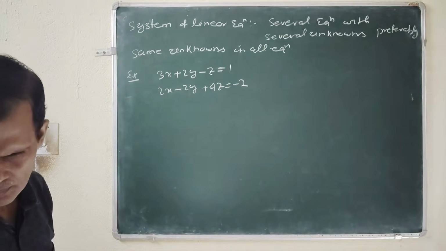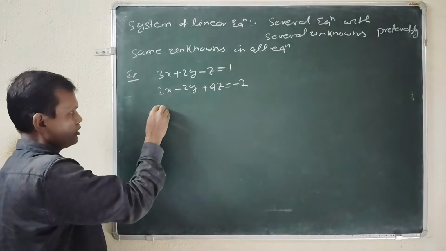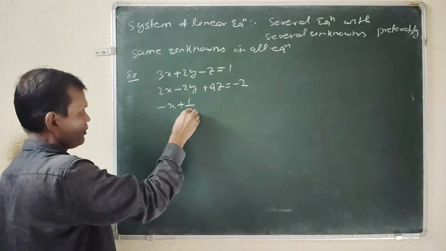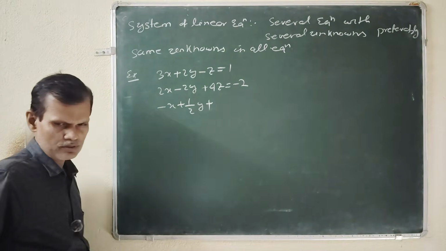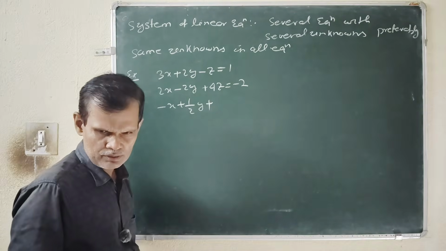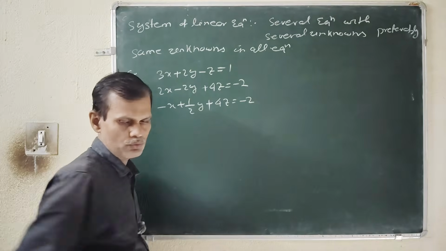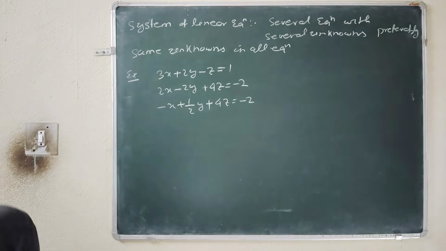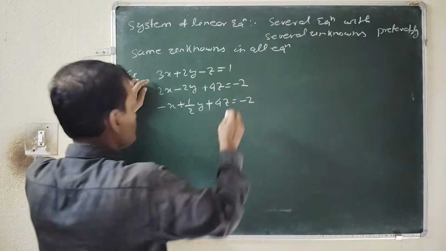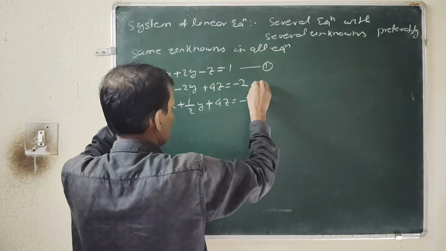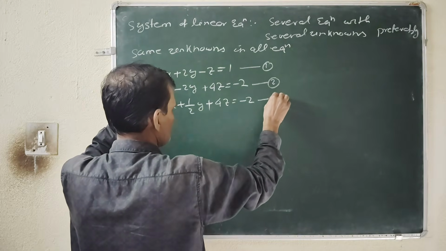And then I am considering minus x plus half y plus 4z is equal to minus 2. Okay. So now see, this is one equation, this is another equation, this is the third equation.